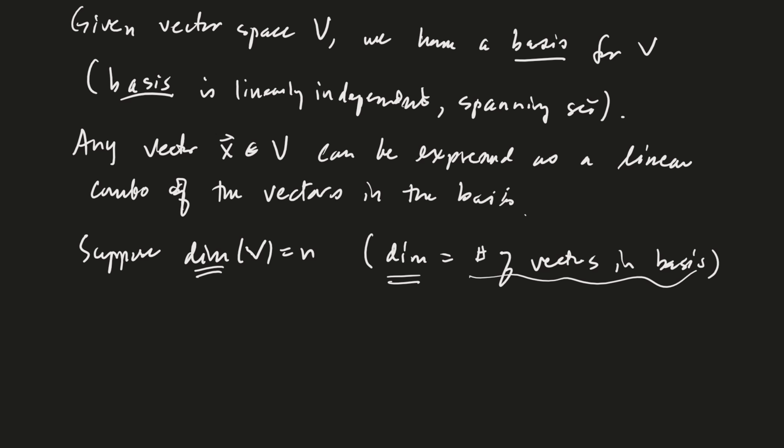Good. Okay. So now let's let v1 through vk be a subset of vectors from the basis. Be basis vectors for subspace H. Therefore, what's the dimension of H? It is k. Good.